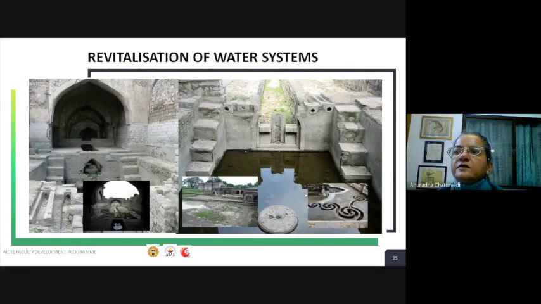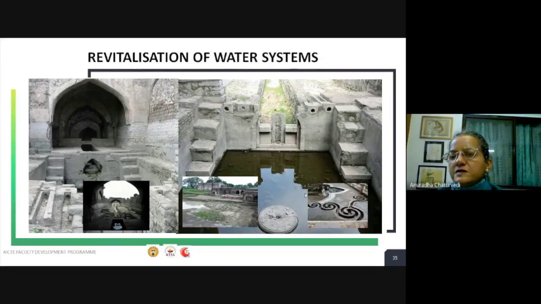There are other extremely elaborate and sophisticated water systems which are characteristic of unique monumental sites. These are not just functional resources, but they are also educational and recreational resources.